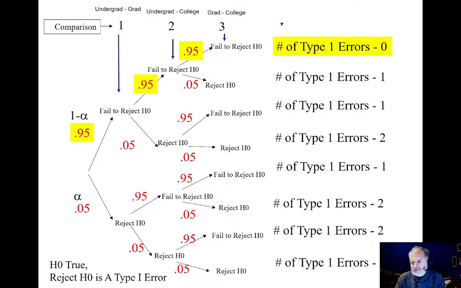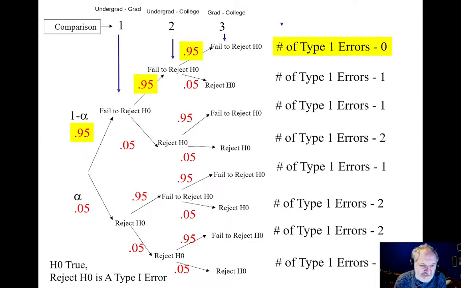Okay. Our little probability tree. If I run my first t-test, the correct decision is to fail to reject H0, right? Because the null hypothesis is true. Now, if the null hypothesis is true, I set my cutoff where we would get our t-critical, and my alpha would be 0.05, so 5%.